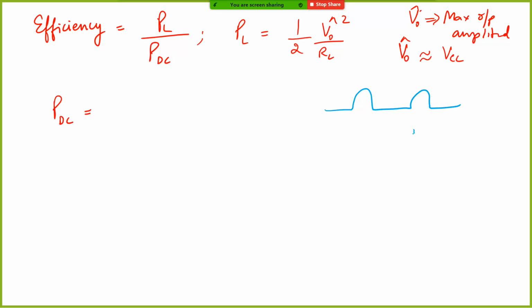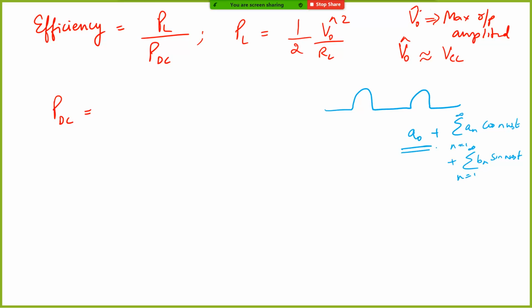So you will have A naught plus the summation of A n cos n omega naught t, with n ranging from 1 to infinity, plus the summation of b n sin n omega naught t, n ranging from 1 to infinity. What we are interested in is the DC power, which is basically A naught.